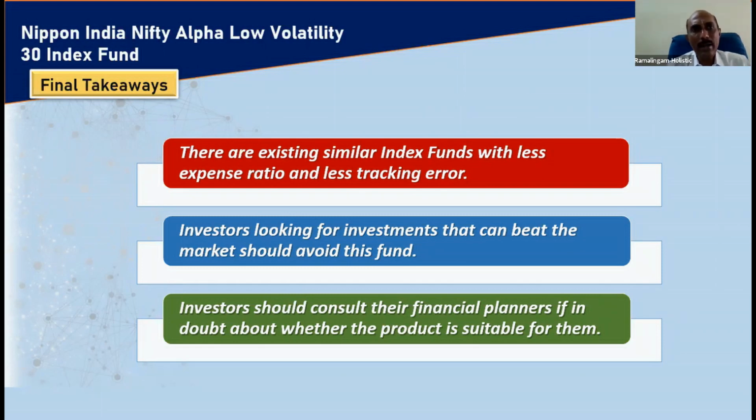Because you are going to add this Nippon India Nifty Alpha Low Volatility 30 Index Fund, is it going to bring overlap or is it going to bring unique diversification? Is this overlap or unique diversification going to be beneficial to you or not? This analysis you can ask your financial planner, and based on his suggestions and the answers to your questions from him, you will be able to take a decision.